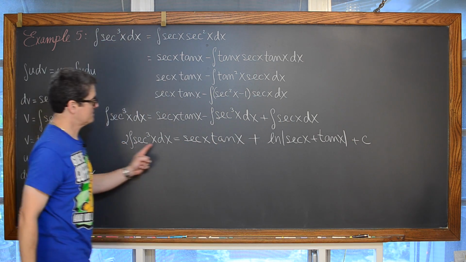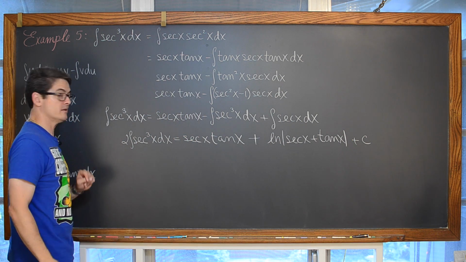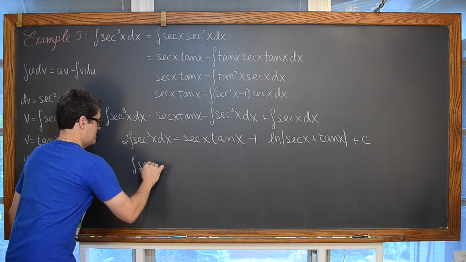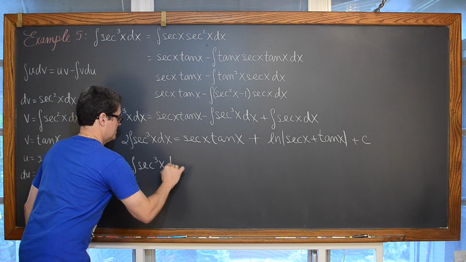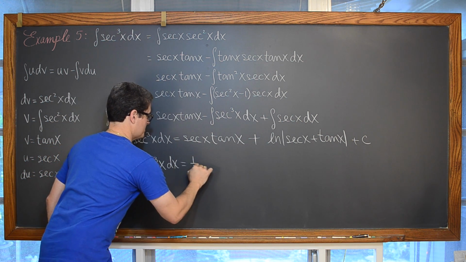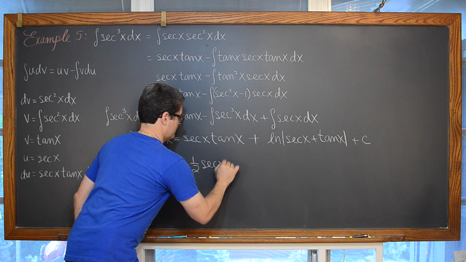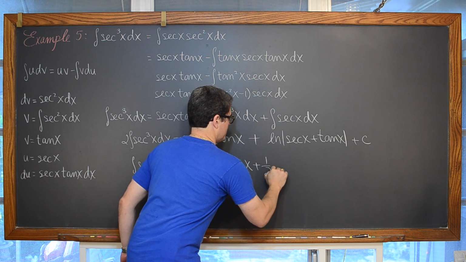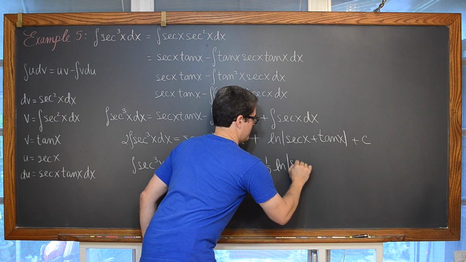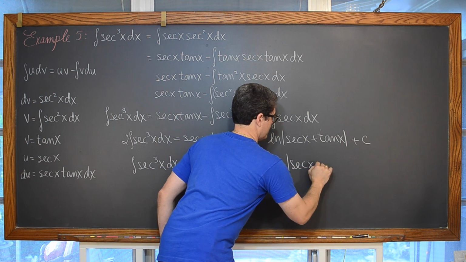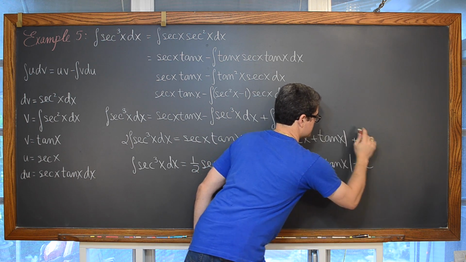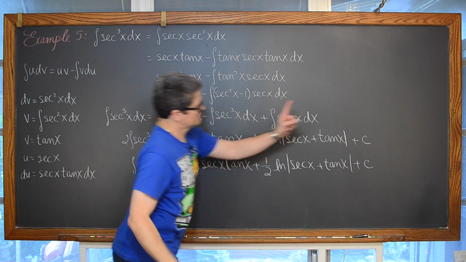And now I can divide both sides by 2 and get the indefinite integral of secant cubed x dx is equal to 1/2 secant of x tangent of x plus 1/2 the natural log of the absolute value of the secant of x plus tangent of x plus c.